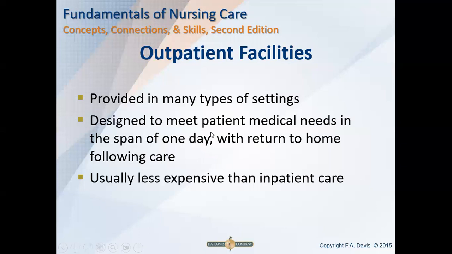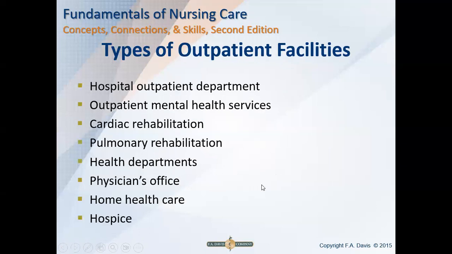They provide many types of settings, also designed to meet patient medical needs within a span of one day, with return to home following care, usually less expensive than inpatient care.